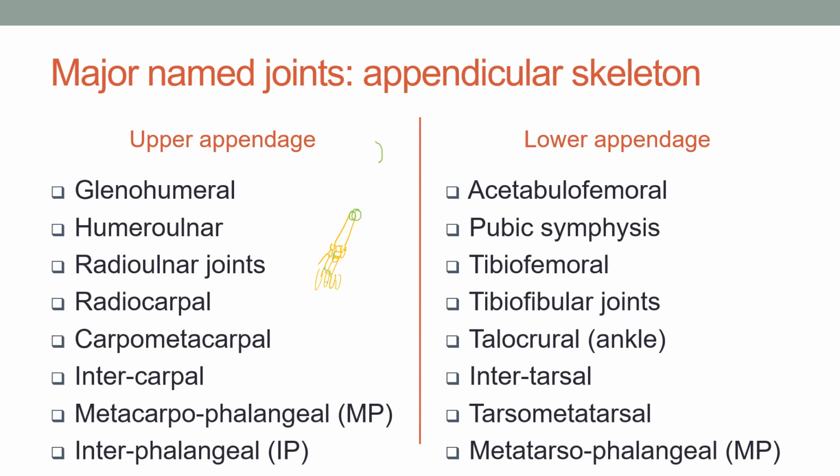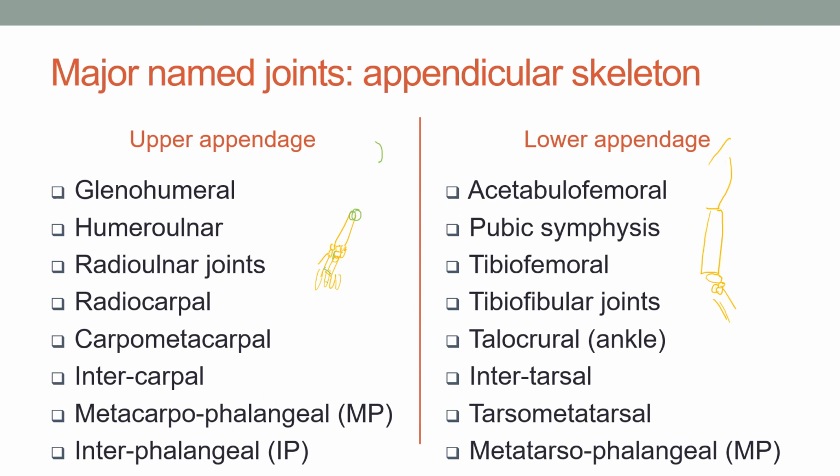If we look on the other side, we've got our big hip bone, femur, tibia, fibula, talus, calcaneus, lots of other tarsal bones, metatarsals, and phalanges.